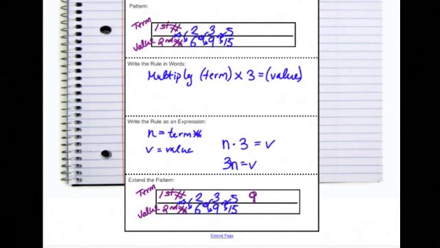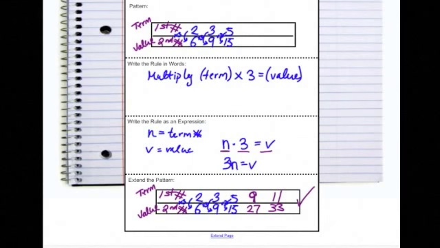Well, in this case, I can multiply by 3. 9 times 3 is 27. So now I have my term number and my value. I can use another number, let's say 11. Using 11 as my term, multiplying it by 3 will give me my value, which is 33.